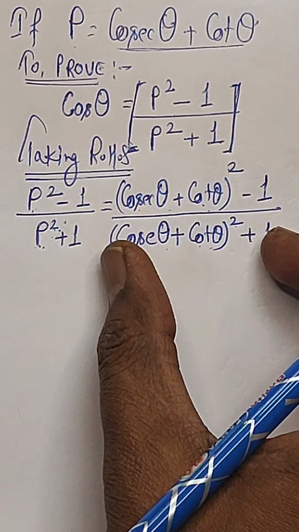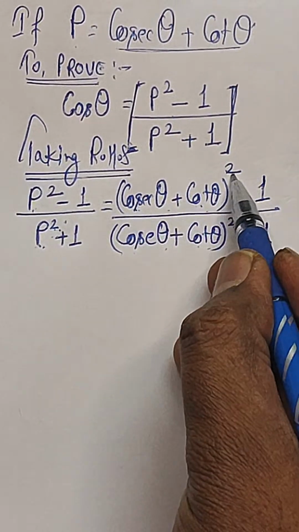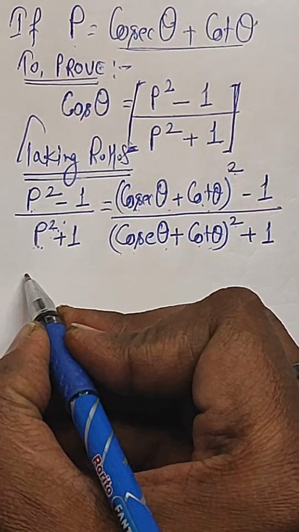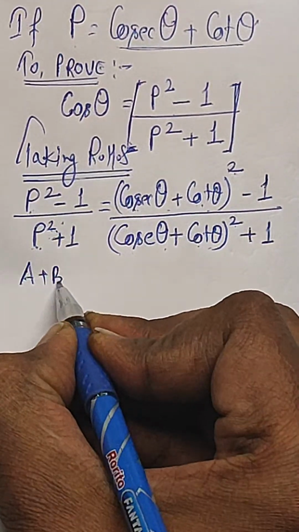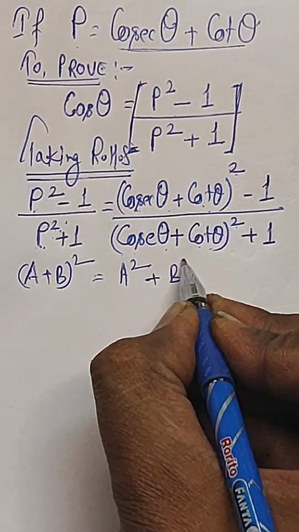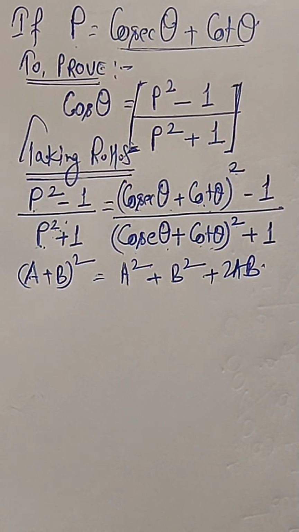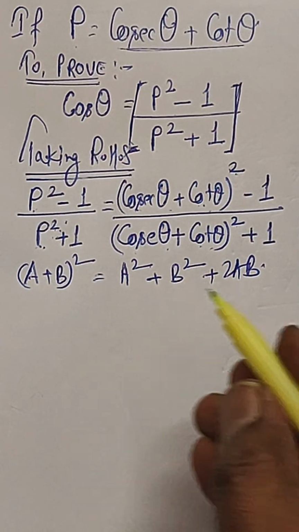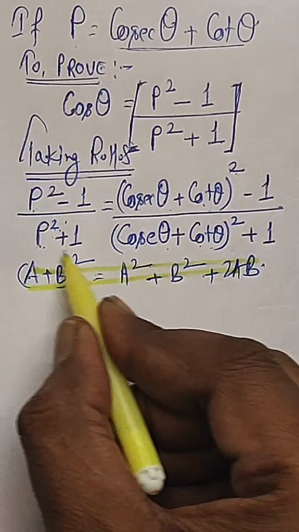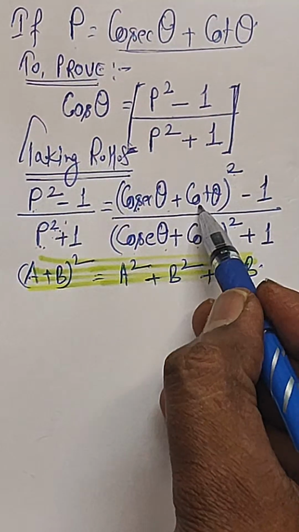Now just expand. We know the formula a plus b whole square is equal to a square plus b square plus 2ab. Now we will be using the same, nothing more than this. It's very simple. Here a will be cosec theta, b will be cot theta.